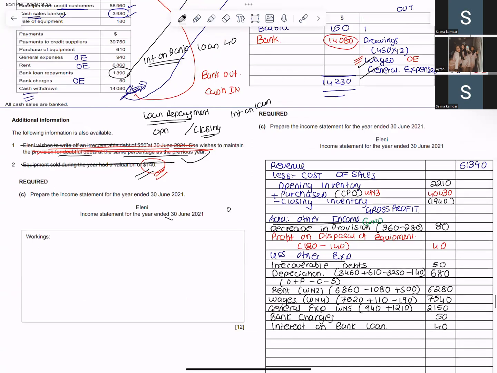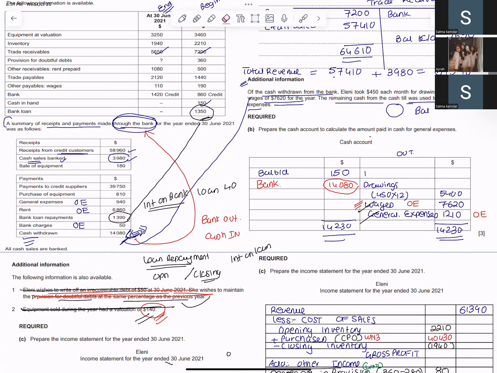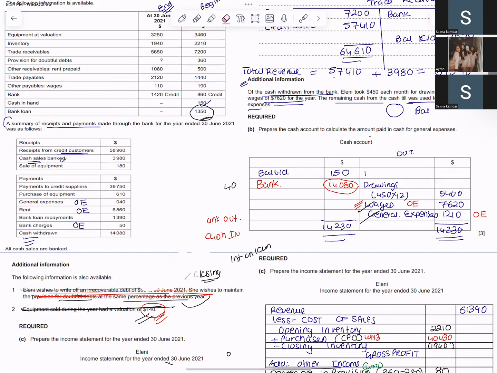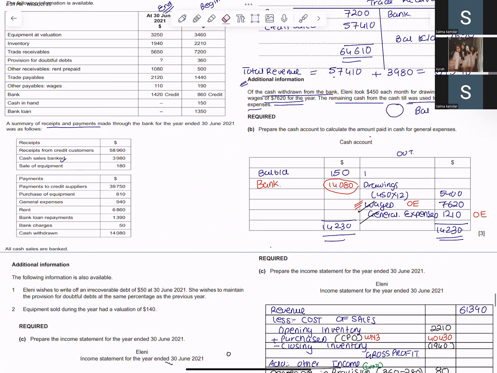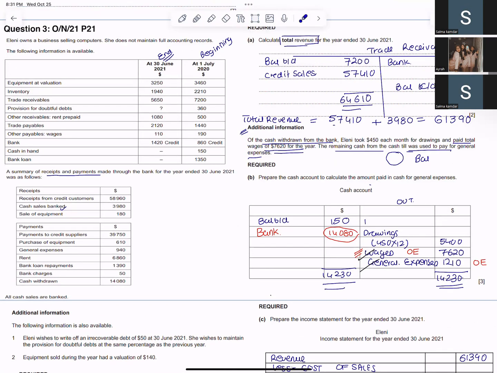Then what will I do? I will again go and check. When you're doing a sum of incomplete records, always go and check the accounts as well. In the account, for equipment we put the depreciation, correct?